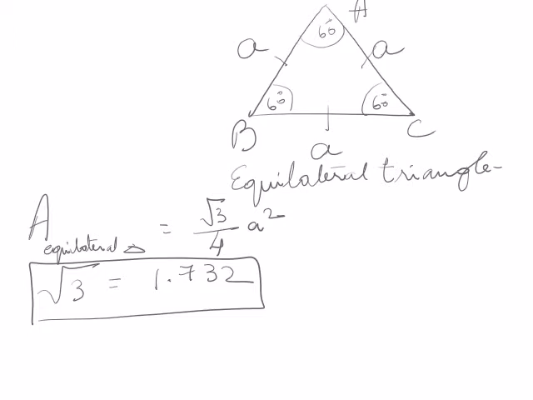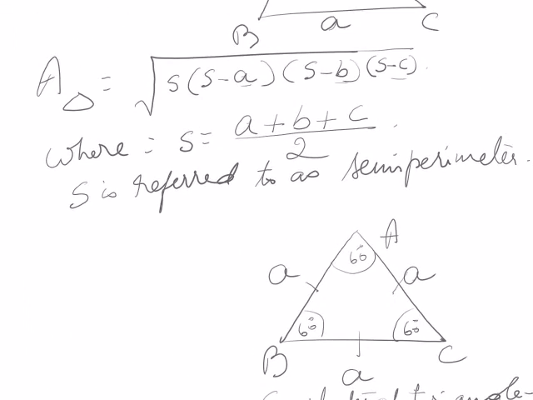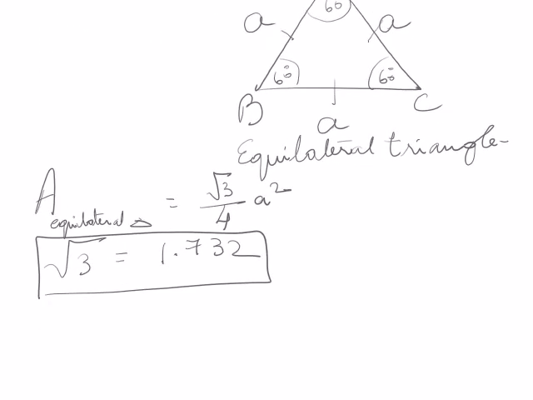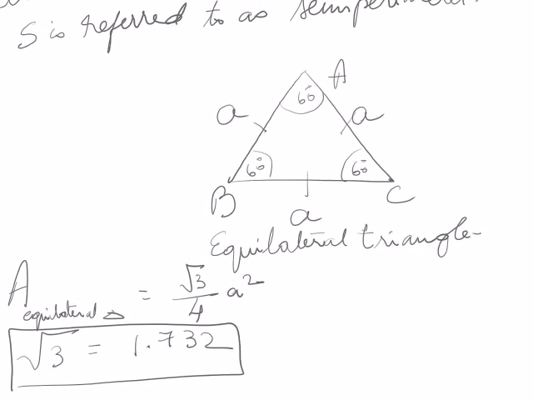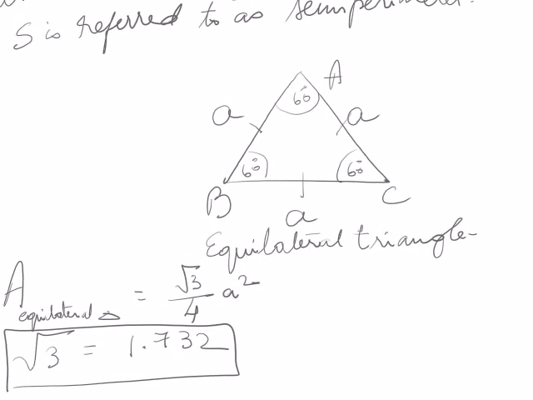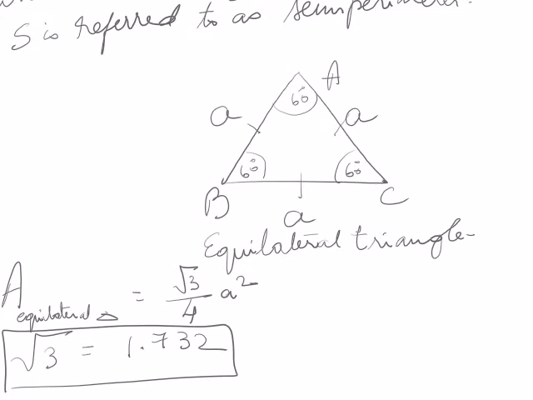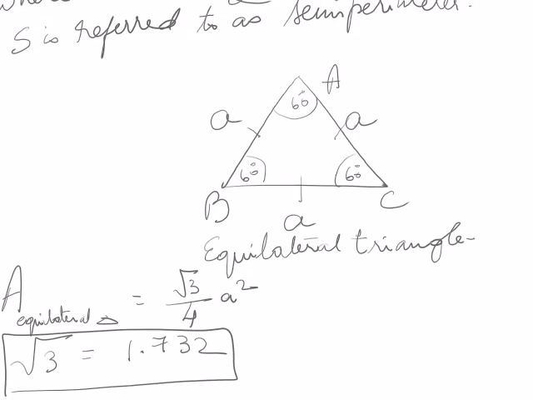For a triangle, that means you have learned three formulae. One is half base into height. The other one is the square root of S into S minus A into S minus B into S minus C, where S is equal to A plus B plus C upon 2. Then the third formula is for an equilateral triangle, whose all three sides are equal and whose vertex angles are each equal to 60 degrees.